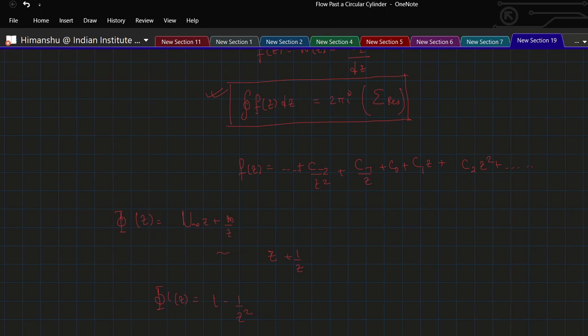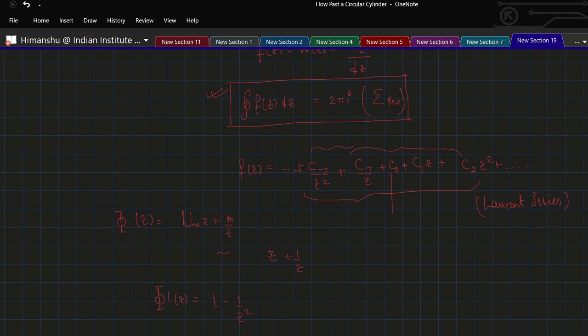Now let us understand the physical interpretation of the constants in the Laurent series. In all the practical applications, we'll be concerned about these four terms, mainly these three terms in pairs and triplets and so on.